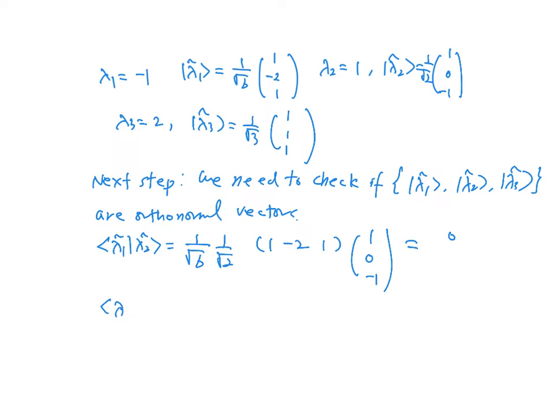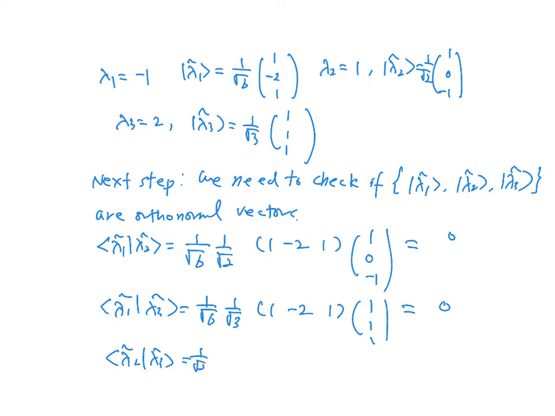Lambda 1, lambda 3. Square root of 6, square root of 3. 1, minus 2, 1 dotted with 1, 1, 1. Is it okay? 0, right? Lambda 2, lambda 3.